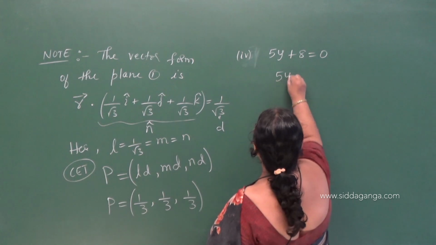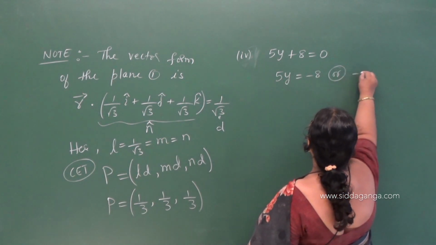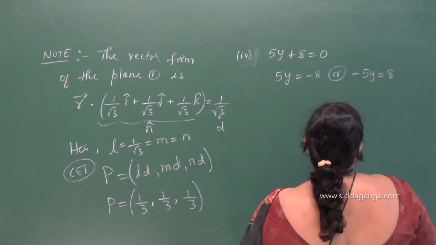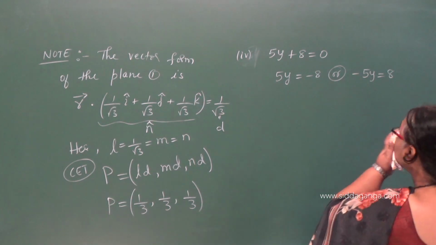That is 5y equal to minus 8, or minus 5y equal to plus 8.